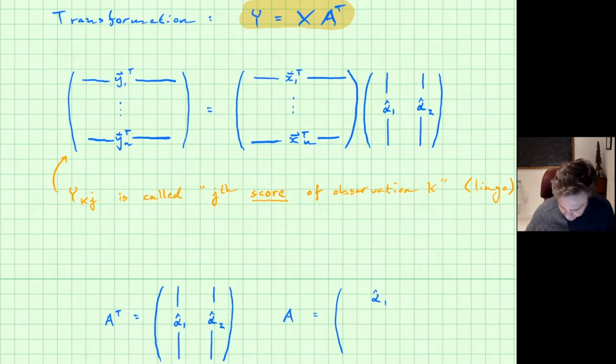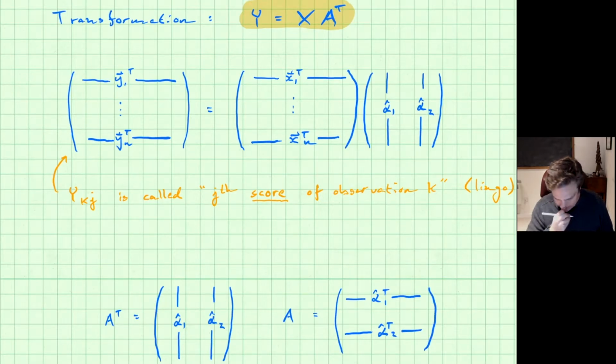You write them as transposes, though you don't really need the transpose if you write the horizontal lines telling you to make this thing sideways. And then alpha hat transpose 2.